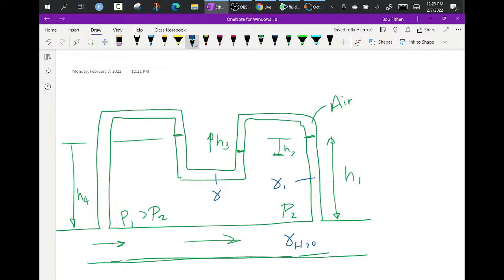It would be gamma 2, which is maybe something heavier. So let's say the specific gravity here is equal to 2, just so it won't be water. Gamma here is almost equal to 0. Not technically exactly 0, pretty close to it. And your gamma here, I've already used 1 and 2, so this has to be gamma 3.